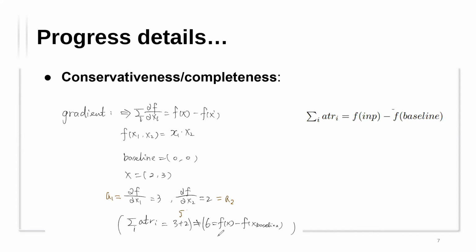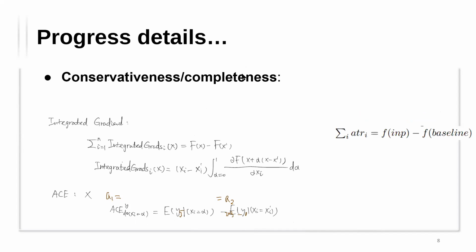But by the definition, it should be 6, which is 2 times 3 minus 0. So according to the definition, it is very easy to prove. Understand. So here you are showing how gradients do not conform to the property of conservativeness. Then you're going to show that integrated gradients and ICSE conform.